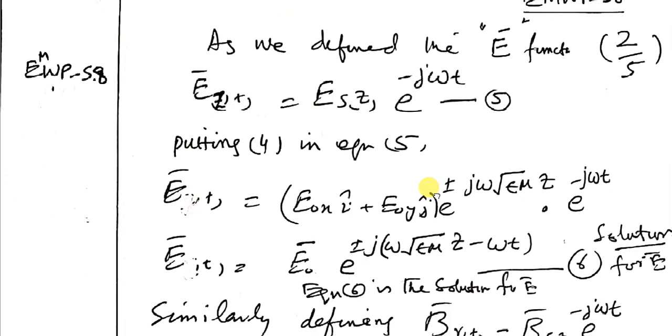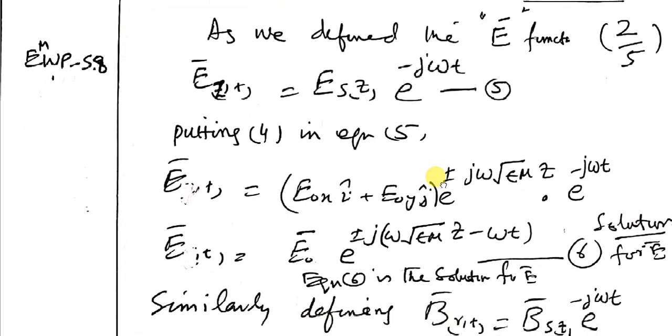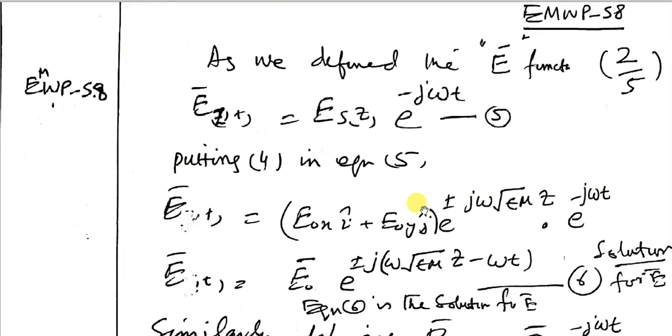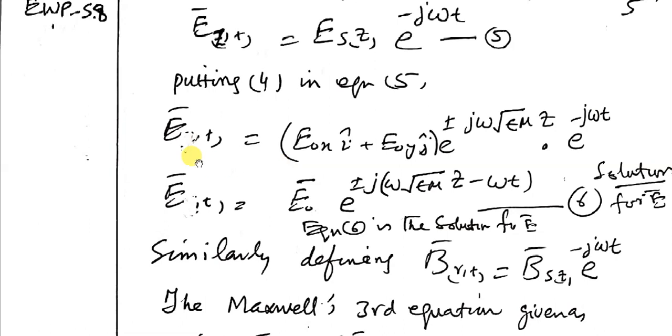Then putting equation 4 in equation 5, E of z t is E naught x i plus E naught y j times e raised to the power plus minus j omega square root of epsilon mu z minus j omega t. Actually we are multiplying, so the powers of the exponential get added, giving plus minus j omega t.